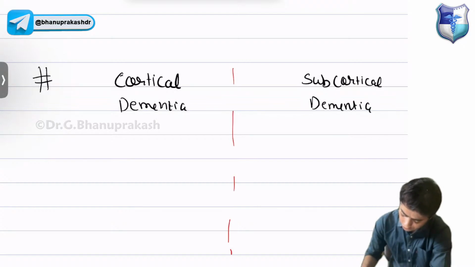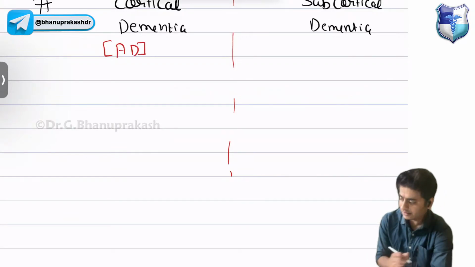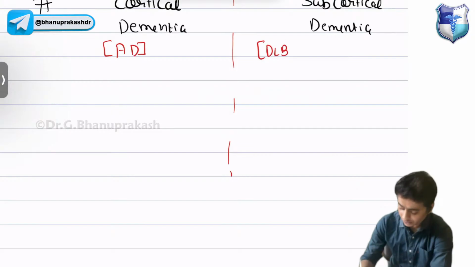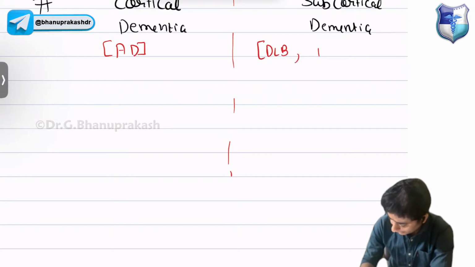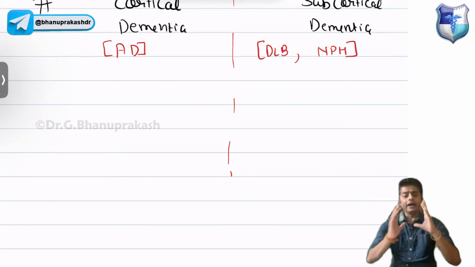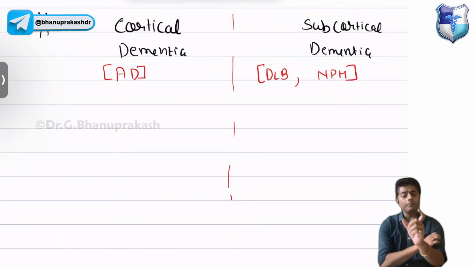Cortical dementia example is Alzheimer disease. And subcortical is like diffuse Lewy body dementia and normal pressure hydrocephalus. I have told you in my memory class that there are two types of memory.